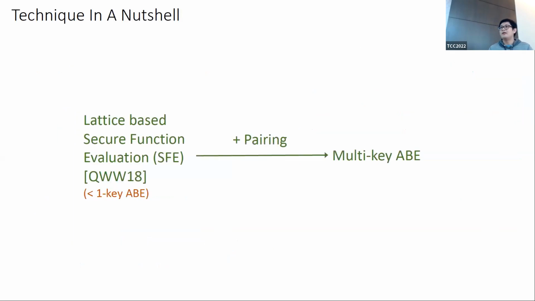Our constructions at a high level start from the lattice-based secure function evaluation protocol introduced in QWW, which is similar to but weaker than one-key secure ABE. And we use the pairing to lift it into a multi-key secure ABE scheme.